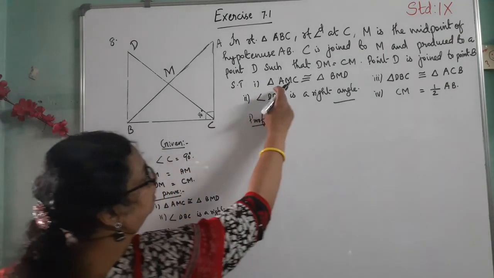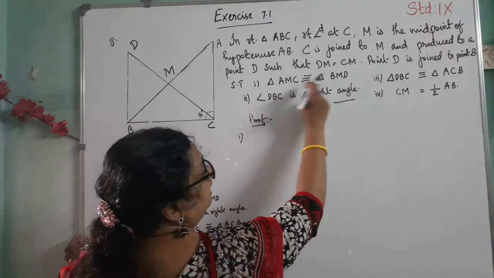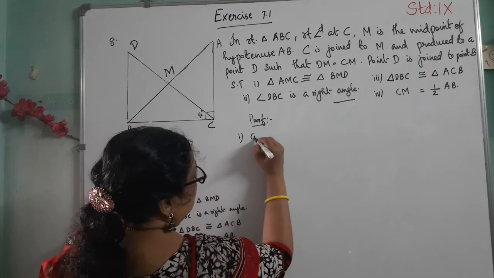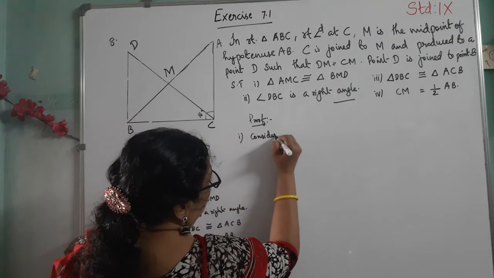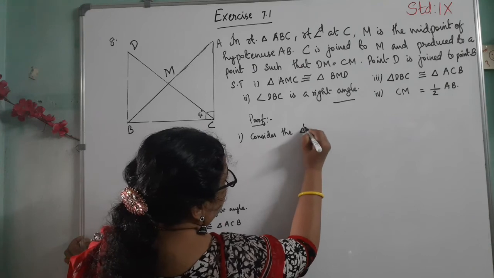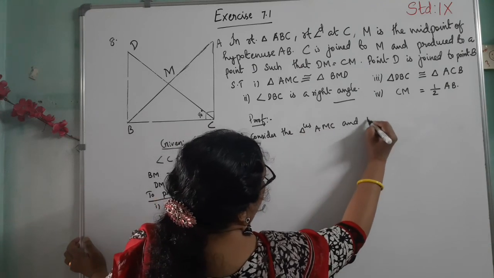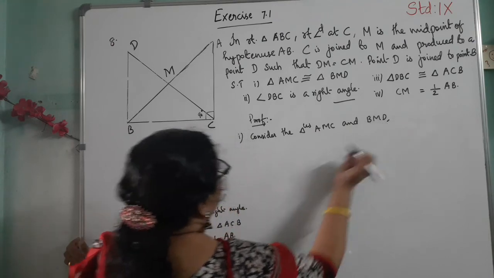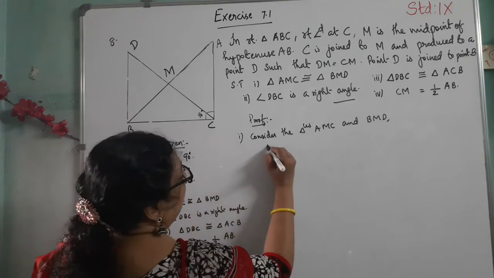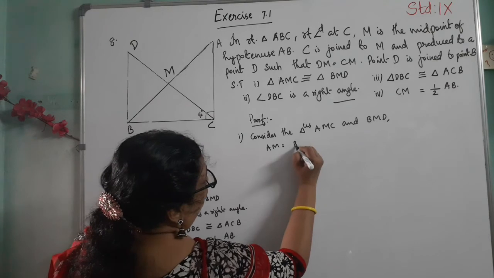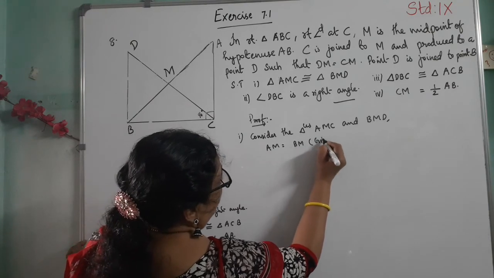So the first part, we can prove first AMC and BMD. So consider the triangles AMC and BMD. AM is equal to BM, it is given.